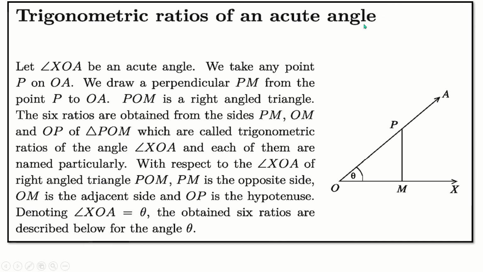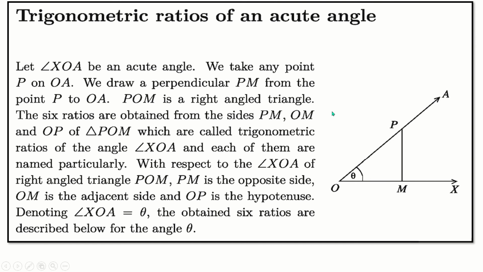Trigonometric ratios of an acute angle. In a right angle triangle, we have already discussed there are 3 sides: opposite side, adjacent side, and hypotenuse.